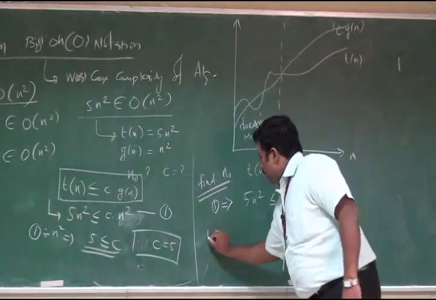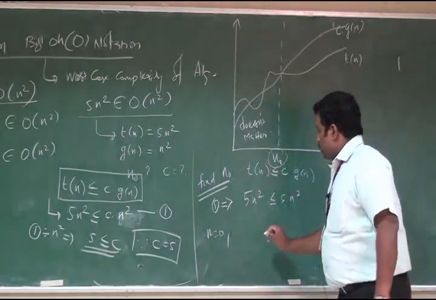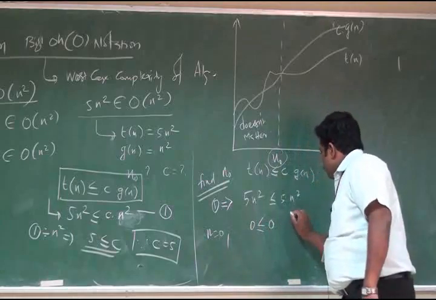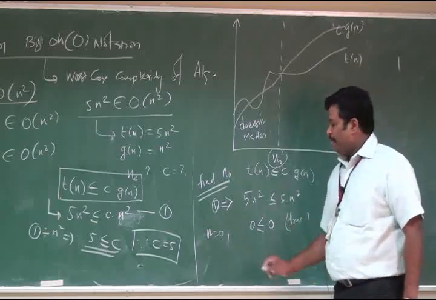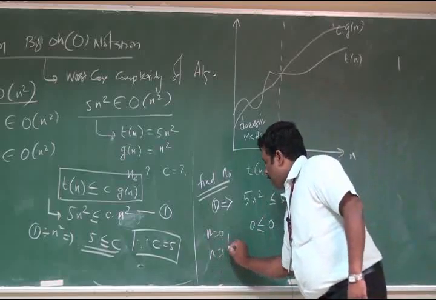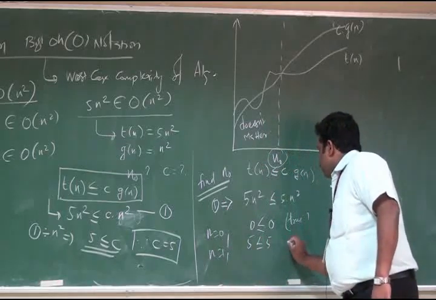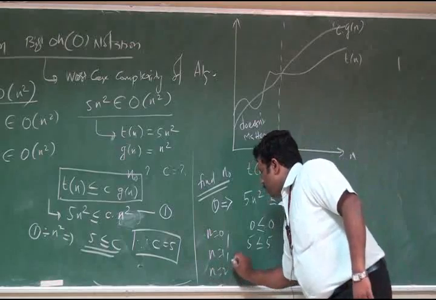Apply n equivalent to 0 to equation number 1. It is written as 0 less than or equivalent to 0. It is true, it is equal. Now apply n equivalent to 1. The value is 5 less than or equivalent to 5. This is also true. Now apply n equivalent to 2.